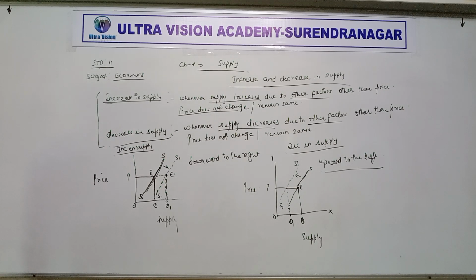That's why increase and decrease in supply is also known as movement along a supply curve. So why is it called movement along a supply curve?